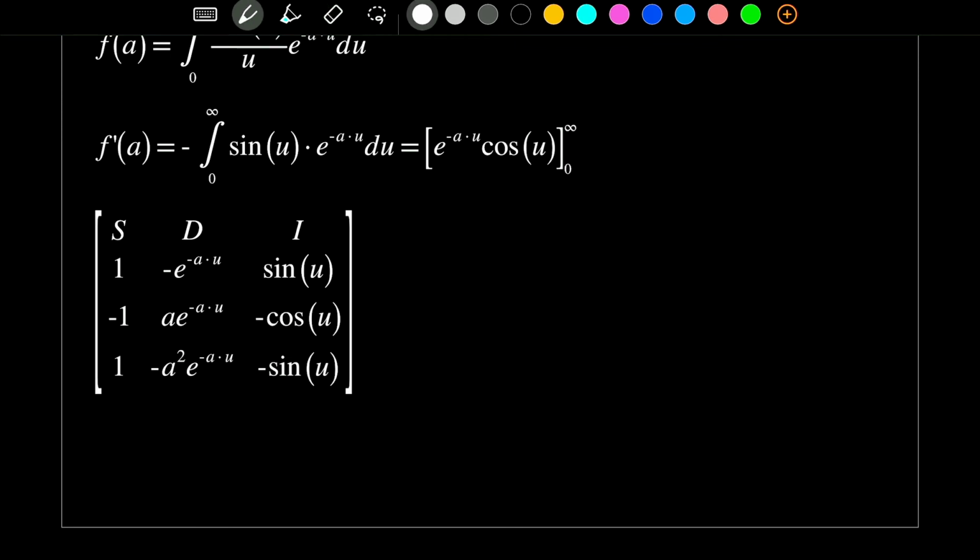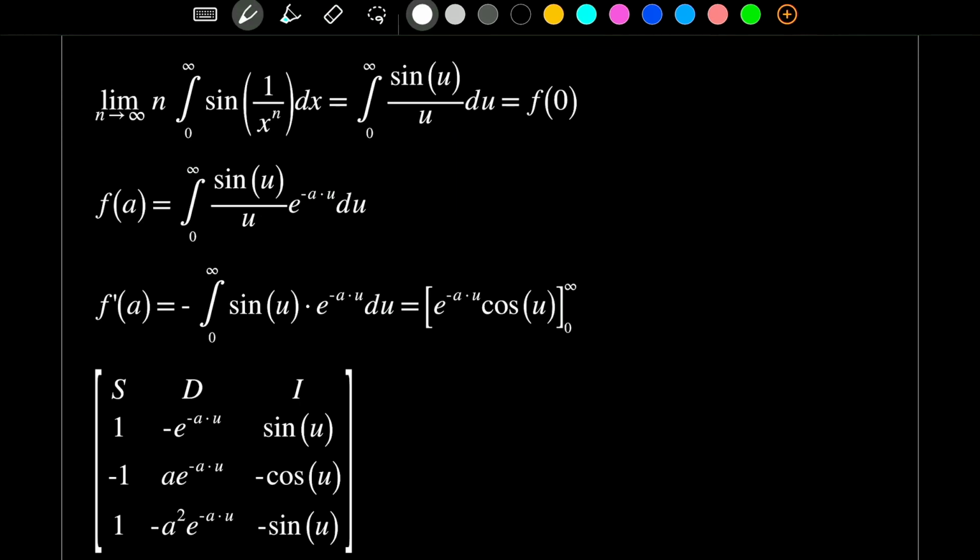Now, secondly, what happens to this evaluation? When u tends to infinity, we're going to have the same story. We're just going to have the dominating exponential function here, e to the power of minus infinity, which is just going to give us 0, and that's going to dominate cosine. Now, what happens when u is 0? So let's see. We're going to have cosine of 0, which is 1, and then e to the power of 0, which is also 1.